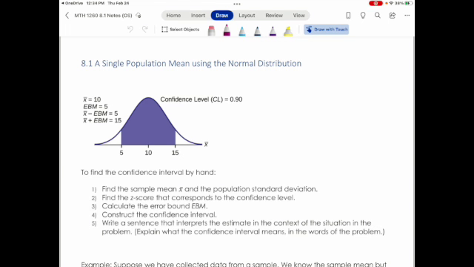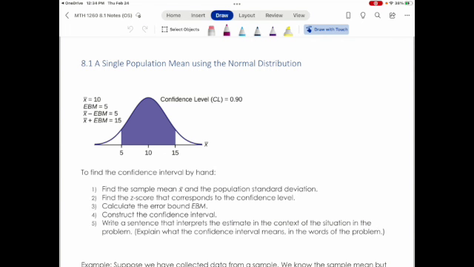Up to this point, we've been doing descriptive, where we've been collecting data, organizing it in charts and things like that. Now we're going to actually use the data to draw conclusions about the population. And so now we're entering into the branch of statistics that's called inferential statistics. So we're going to use the sample data to make an estimation about the population parameter.